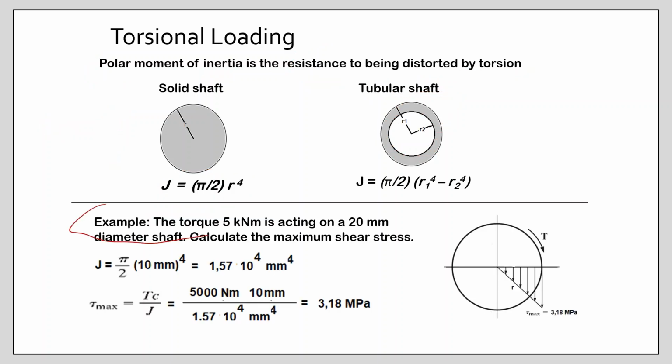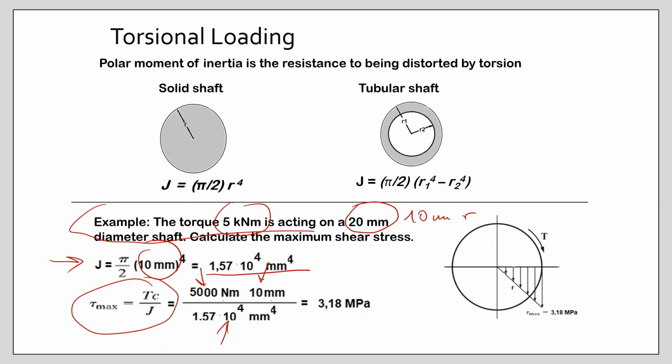An example of how to use this simple formula. The torque is given. It's acting on a shaft with 10 millimeter radius. All you have to do is calculate the moment of inertia for 10 millimeters and put the numerical values into the formula.